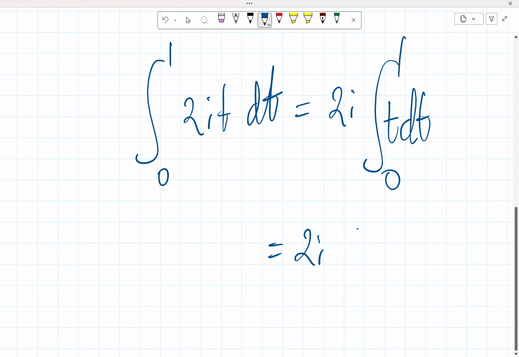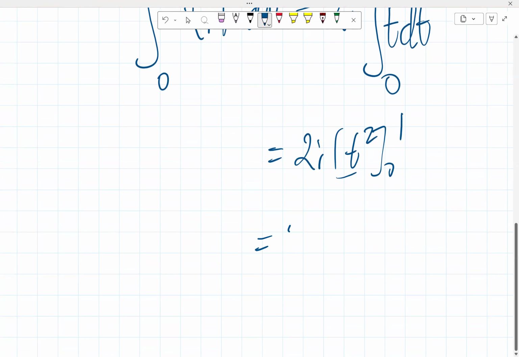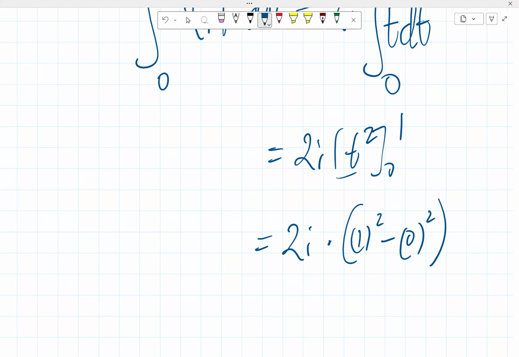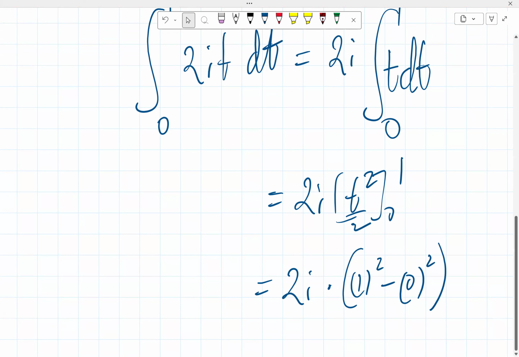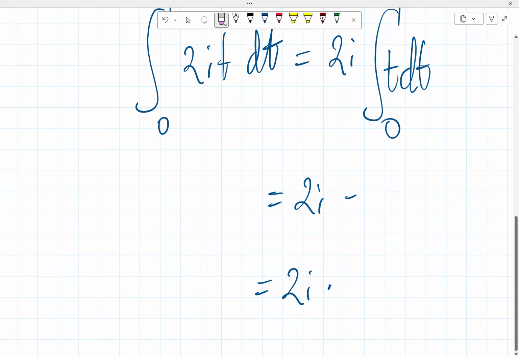When we integrate t, we get t squared over 2, from 0 to 1.